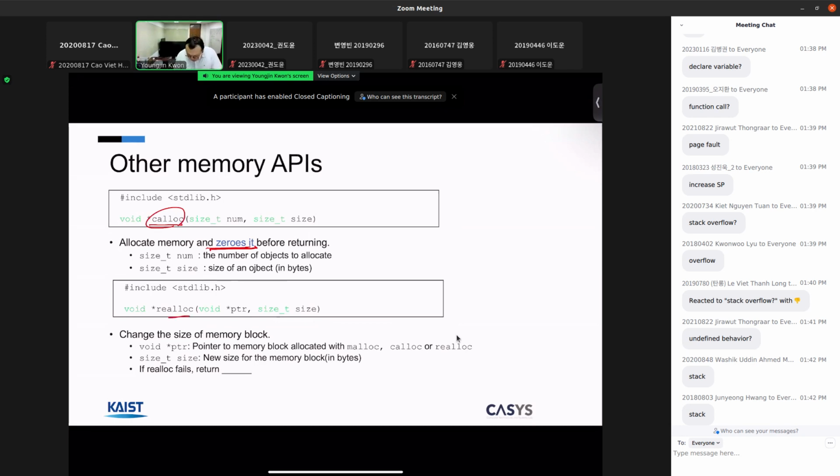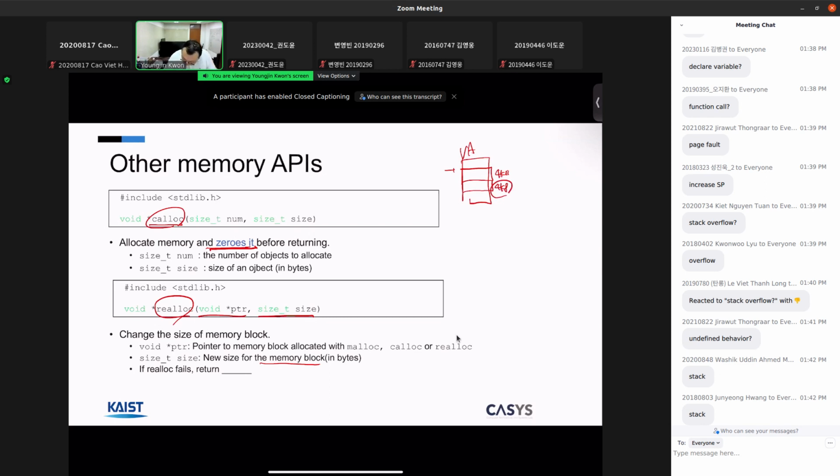Realloc is also an interesting function, which takes the address ptr and a size. The size is the new size for increasing the memory block. For example, this is my virtual address space of 4 kilobytes, and I want to increase it by 4 kilobytes more, to 8.